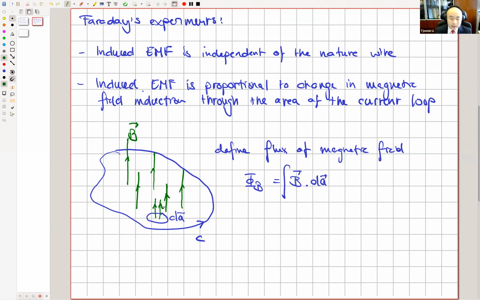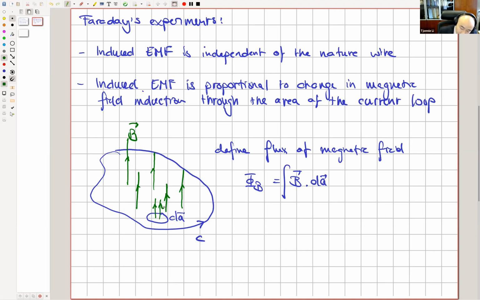In this particular case, I've drawn everything in a nice and simple way. So the field is perpendicular to this area, dA. But as you can see, if you write this out in vector form, it's irrespective of whether the two things are aligned, as long as I take the scalar product properly. The scalar product, recall, simply does the projection of the field onto the normal of the surface.